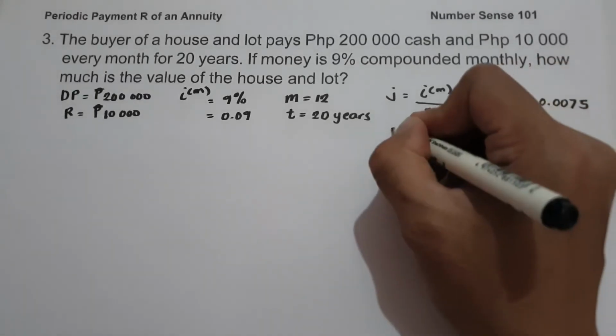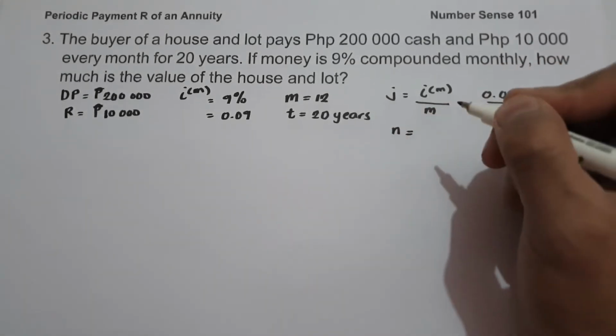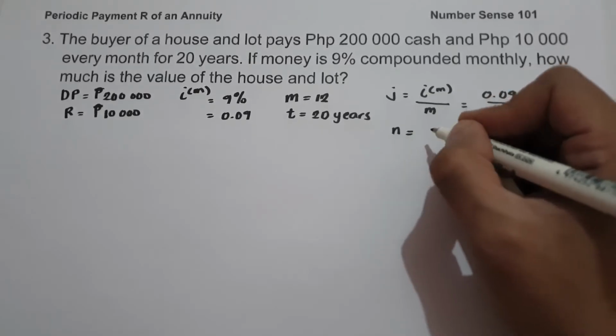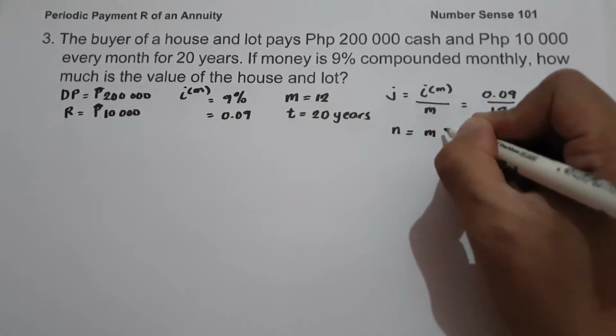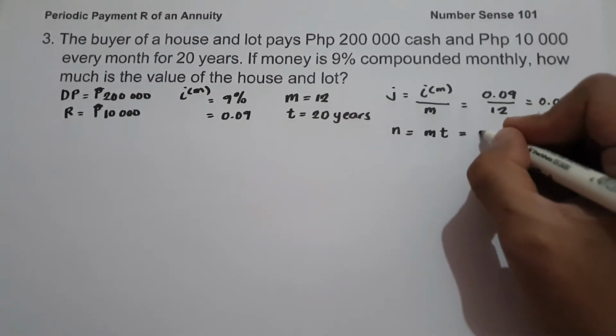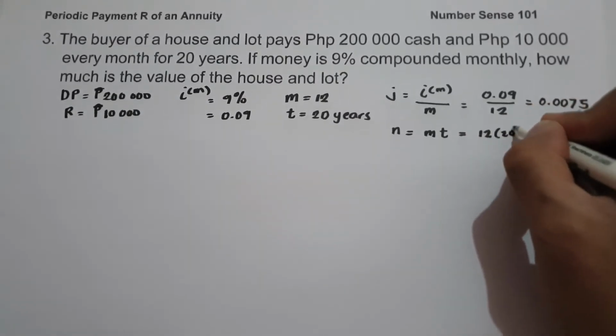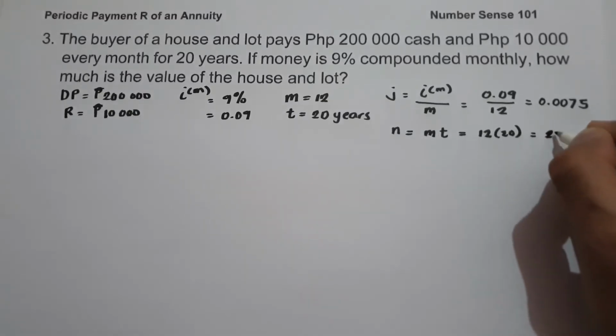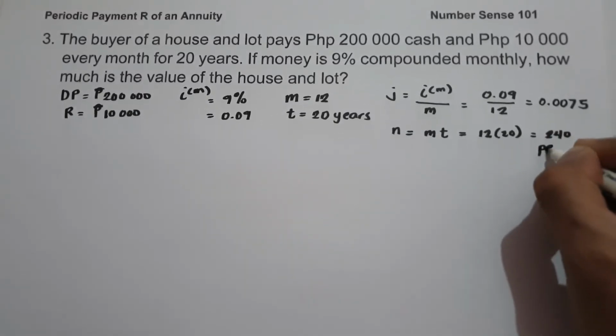And to find the value of N, the number of payment, let us have N equals number of conversion period in a year multiplied by time. So let us have 12 times 20. It will give us 240 periods.